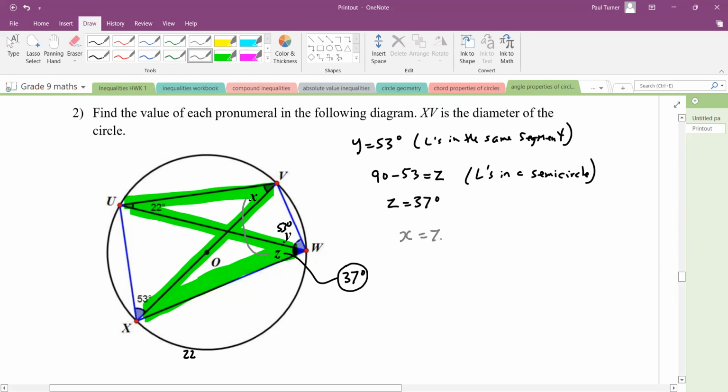So X equals Z. So that's angles in the same segment. Okay, so these 2 angles are equal. And so then you can say that X equals 37 here. So that would be 37 as well. So they're your 3 angles. So Z is 37, Y is 53, and X is 37. They're your 3 angles in that question.